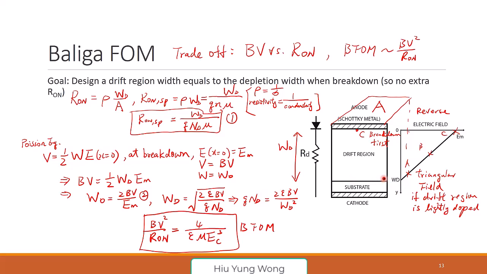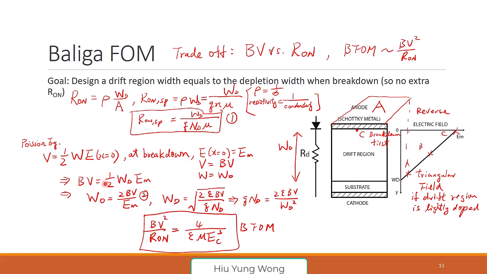Because if your depletion width is longer than that, when you break down, it just touches here. By making it longer, it won't increase the breakdown electric field, but your drift resistance is going to increase. So this is not an optimal design. An optimal design must be when it breaks down, the electric field just touches this point, right?